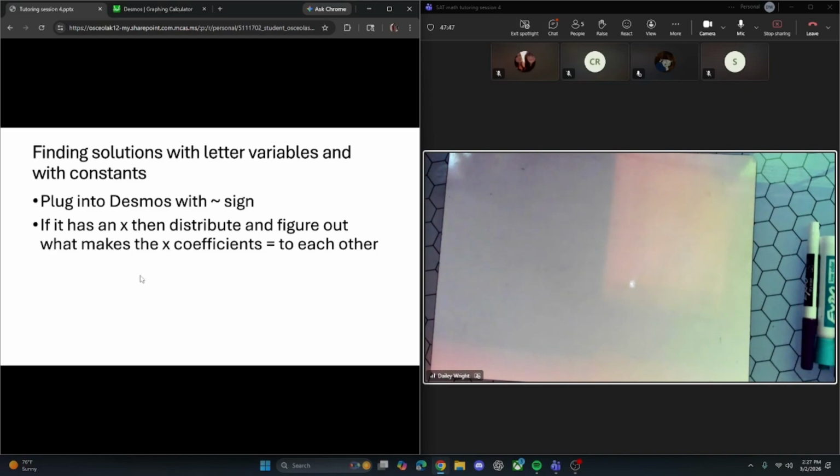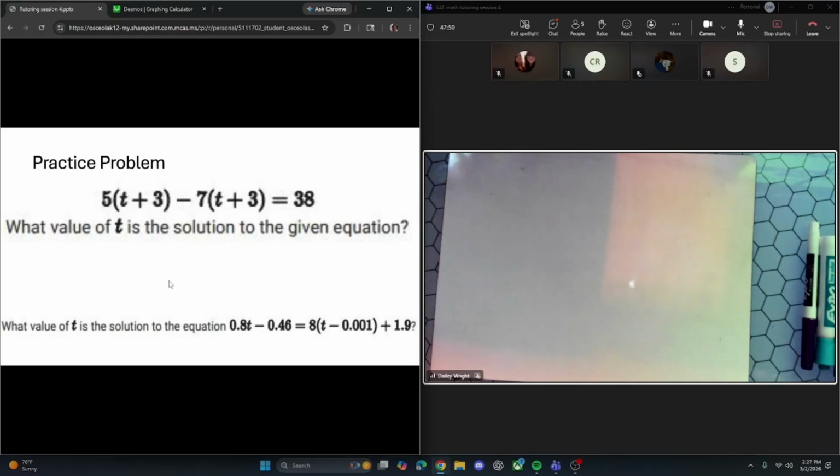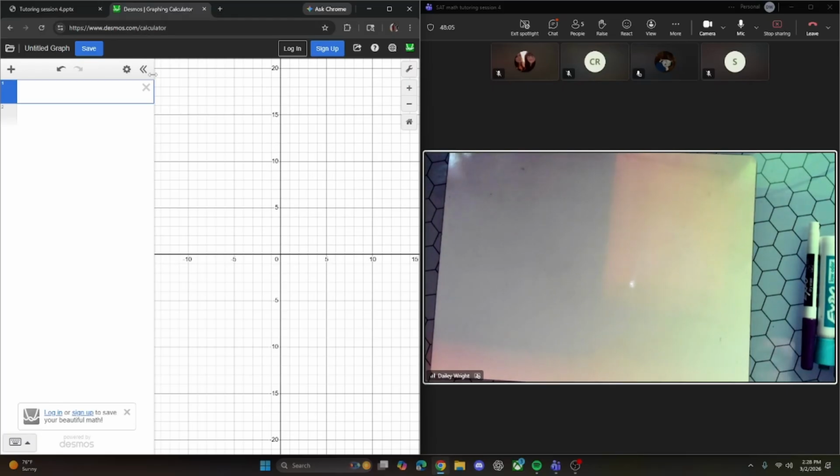So let's go ahead and look at the first type of question. So it gives us the equation 5t plus 3 minus 7t plus 3 equals 38. What value of t is the solution to the given equation? So I'm going to go in and type this into Desmos. 5t plus 3 minus 7t plus 3 equals 38.